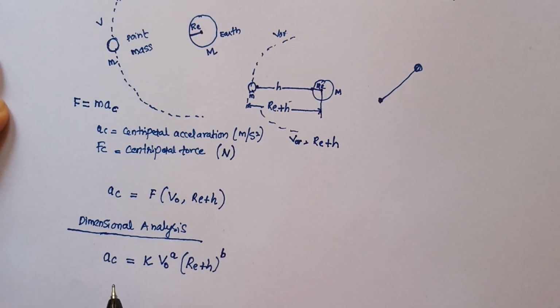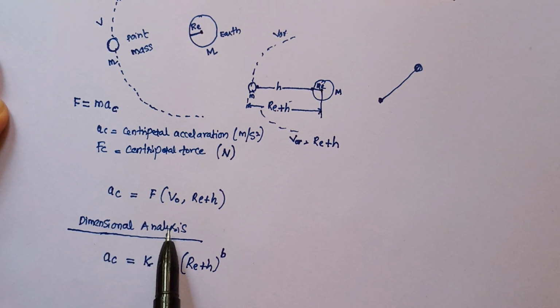So in order to find a good expression for a_c, we introduce a constant k, because we don't know what dimension it is going to take. Any time you remove a function sign, we introduce a constant term.